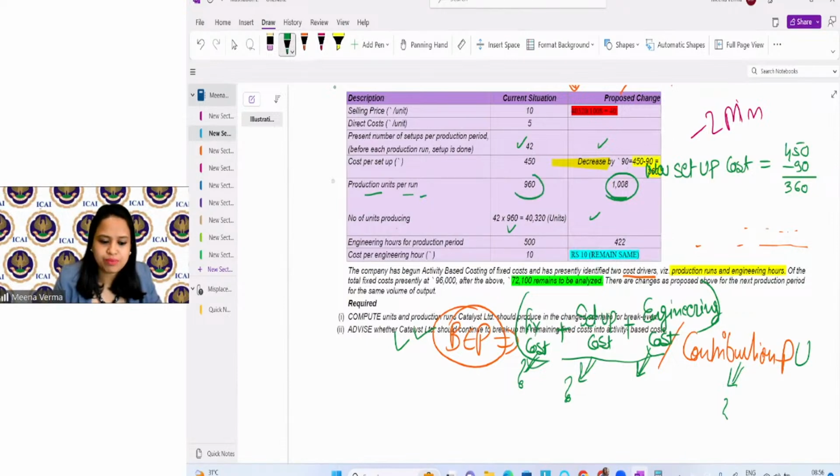In one run, we are producing this number of units. So we will see how many times we are producing the goods. We will use the same information in order to find out the number of setups. In total, we are producing how many units?